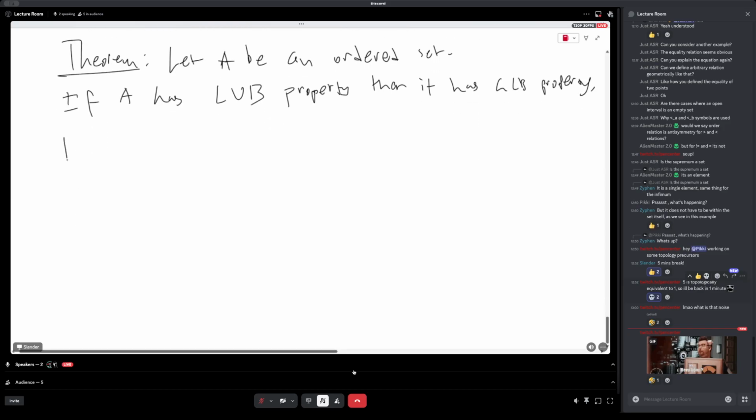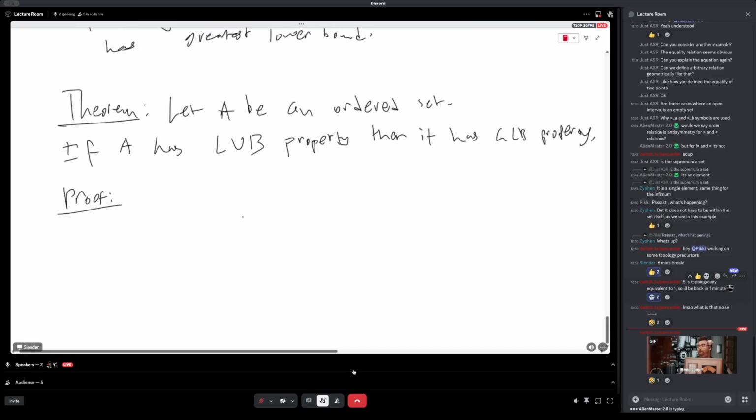We need to prove this now. We actually have two directions to prove here. It should have been an if and only if, but let's just keep it simple for now.